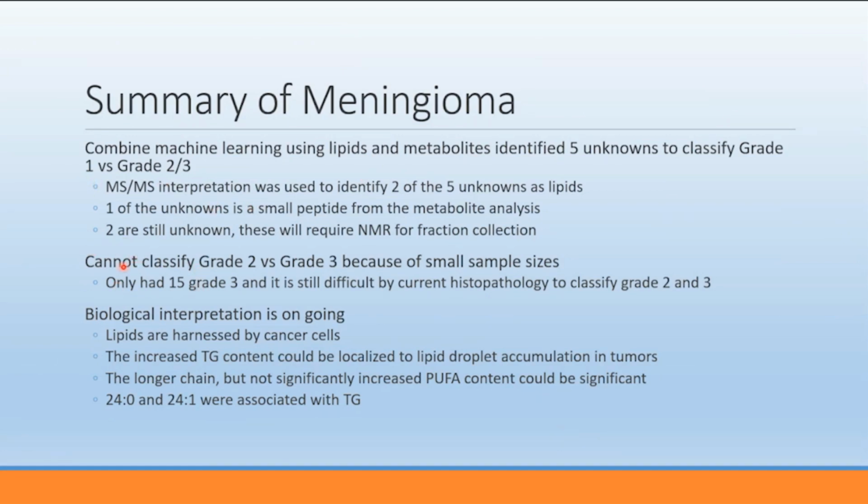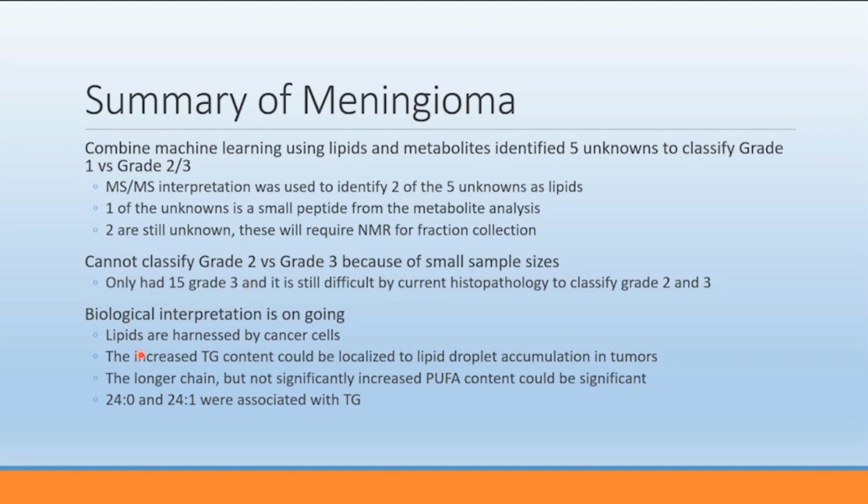We did not have enough data to be able to separate and do classification of 2 versus 3, primarily because we didn't have enough in grade 3. We only had 15 of that group, and that was not enough to really truly rely on machine learning. And so the goal would be to have more samples and build a larger database to then be able to differentiate grade 2 versus grade 3.